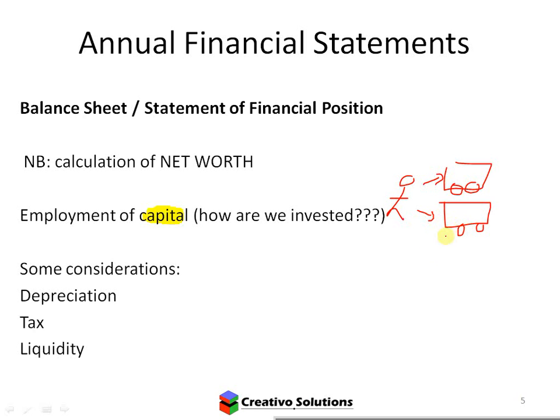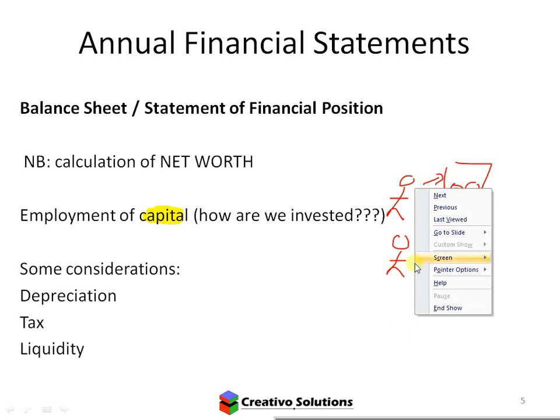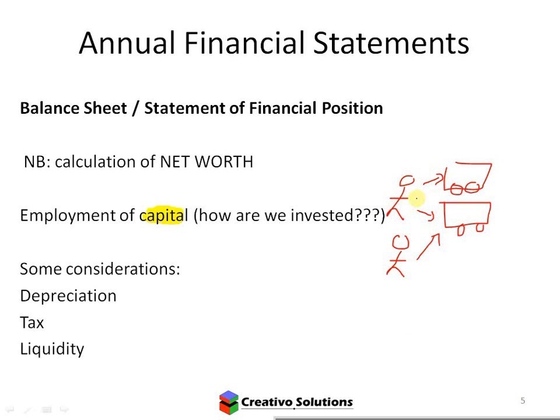But if you add another person to the mix, then great. Your girlfriend can drive the other car. So assets need to be utilized. 1 person to 2 cars doesn't make any sense. 2 people to 2 cars, that makes sense, because now we're employing capital more effectively.